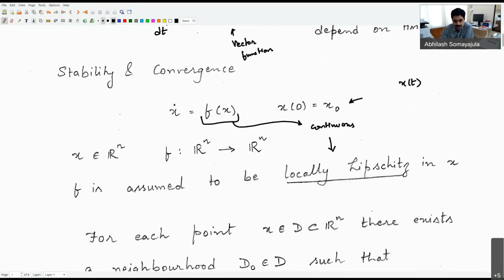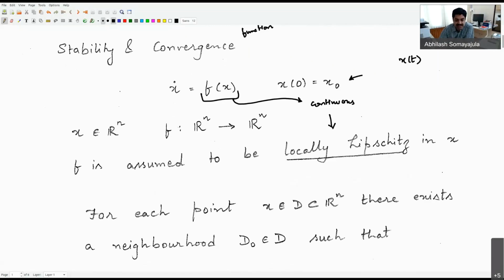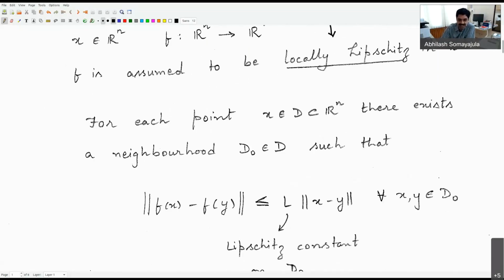Now, what does it mean that f of x is locally Lipschitz in x? It means that for each point x that I choose, there exists a small neighborhood of that point such that when I take two points in that neighborhood and look at the value of f, the difference is bounded by some Lipschitz constant times the norm of the difference between them.